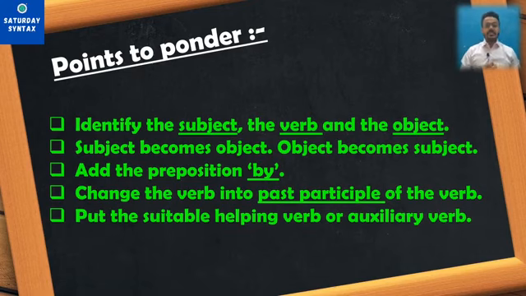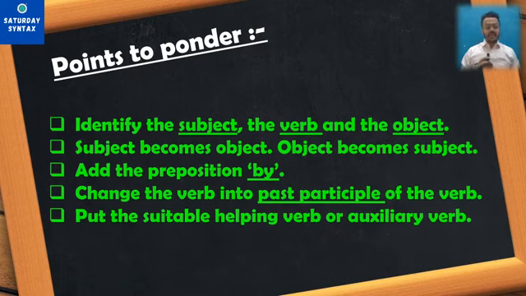Number 2: subject becomes object and object becomes subject. So you need to identify S and O, and after that shuffle subject and object, or you can replace them, that is the same.